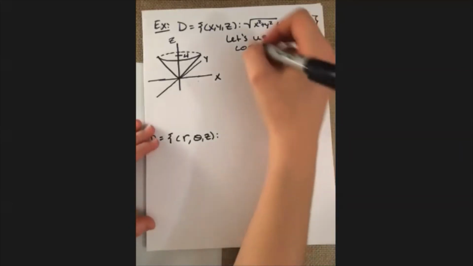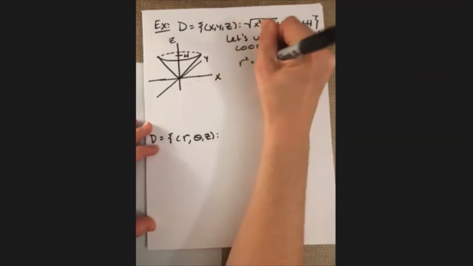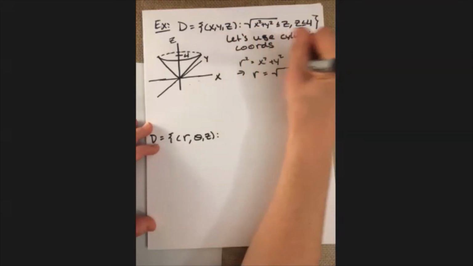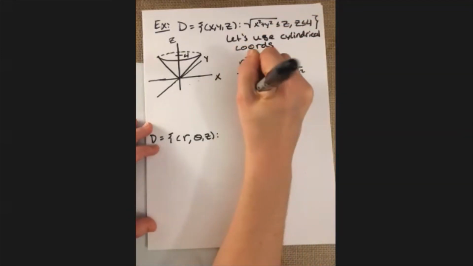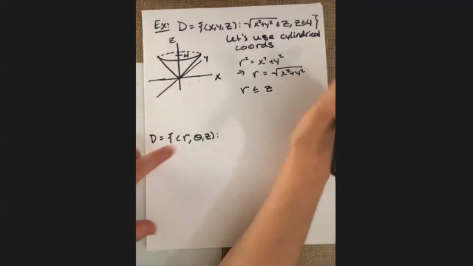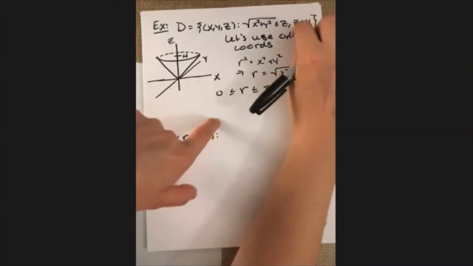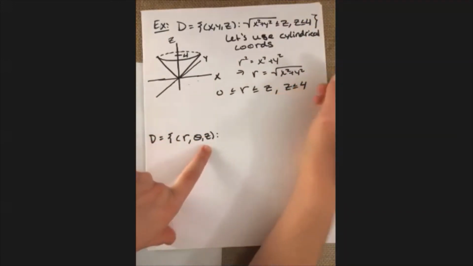So r, we can just substitute in immediately. We said that r squared was equal to x squared plus y squared, which means r has to be equal to the square root of x squared plus y squared. So then I know that r has to be less than or equal to z. Well, that's pretty easy. Okay, great. We also know that it's greater than or equal to 0. And z is less than or equal to 4, because that one's given to us.